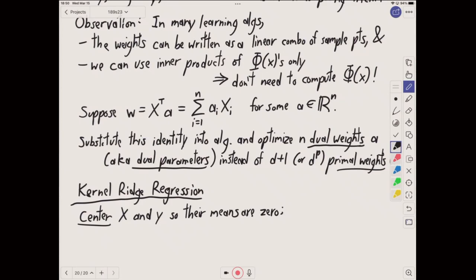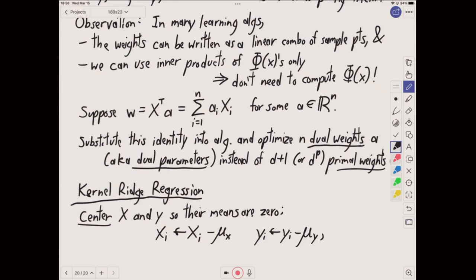And so essentially that means that each sample point, xi, is replaced by xi minus the mean sample point. Each label, yi, is replaced by yi minus the mean label. Remember, we're doing regression, so those labels are continuous valued.